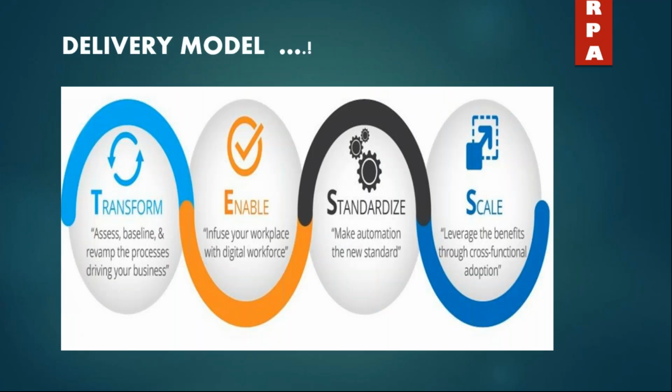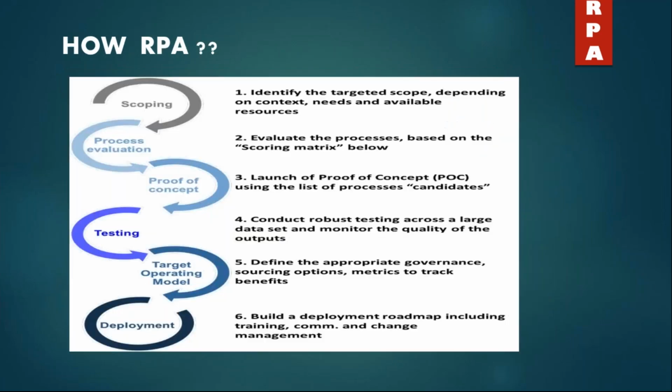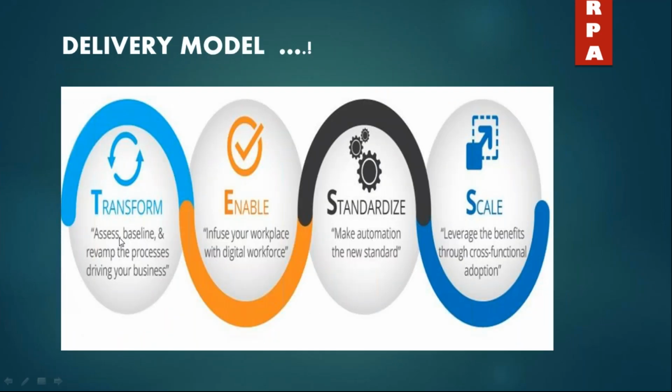And I have explained all these points yesterday. This is transform, enable, standardize, and then scaling. Transform means a manual process will be transformed to automation, and then we are enabling the digital workforce, and after that we enable the bot. Bot enable means enabling the bot here.